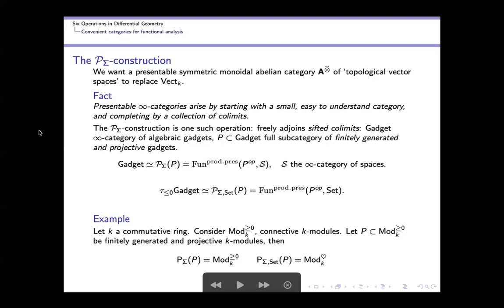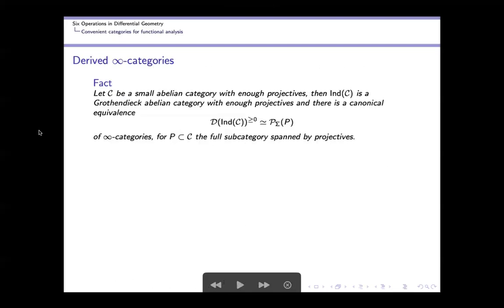Right, so let me say a bit more about this particular example of modules. In general, whenever you have a small abelian category and it has enough projectives, then its ind-completion, where you formally add filtered colimits, is the nicest class of abelian categories.